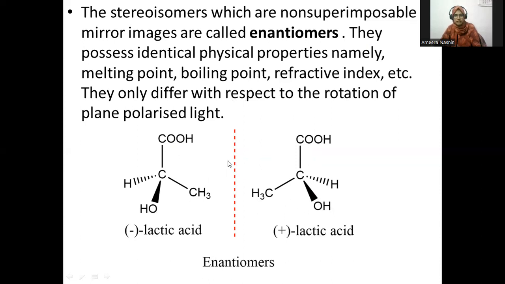So enantiomers differ in the direction in which they rotate the plane polarized light. The negative lactic acid rotates the plane polarized light towards the left side, and plus lactic acid rotates the plane polarized light towards the right side with the same magnitude.